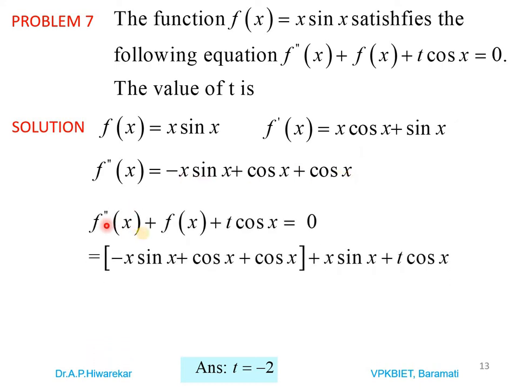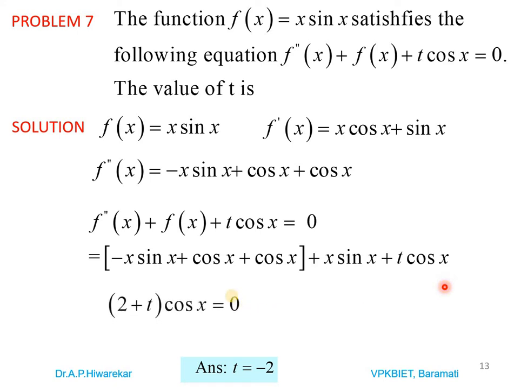So we have f double dash of x plus f(x) plus t times cos x is x cos x minus x sin x plus cos x, plus f(x), which means x times sin x plus cos x, and this is plus t times cos x.